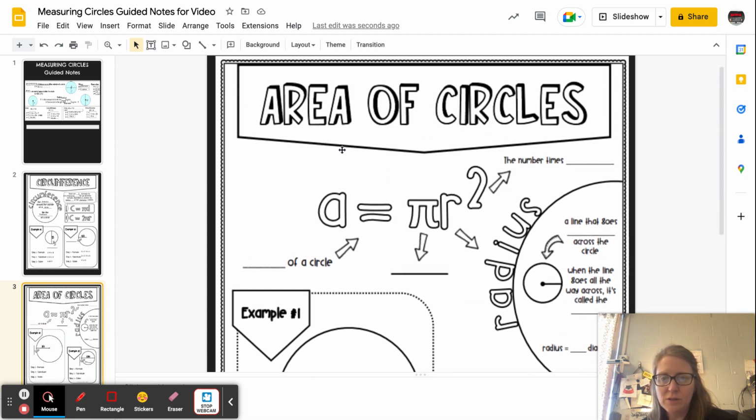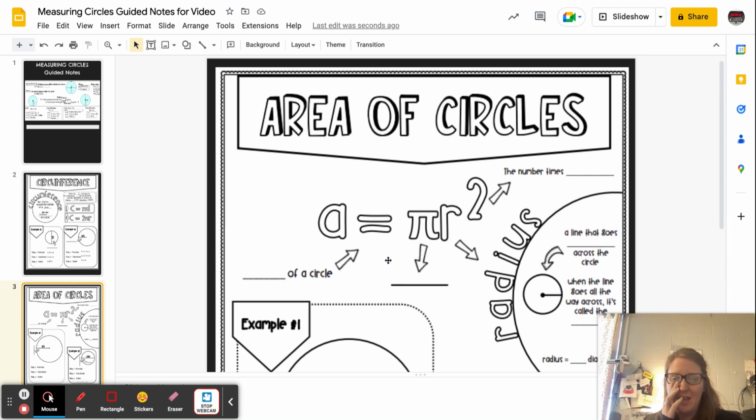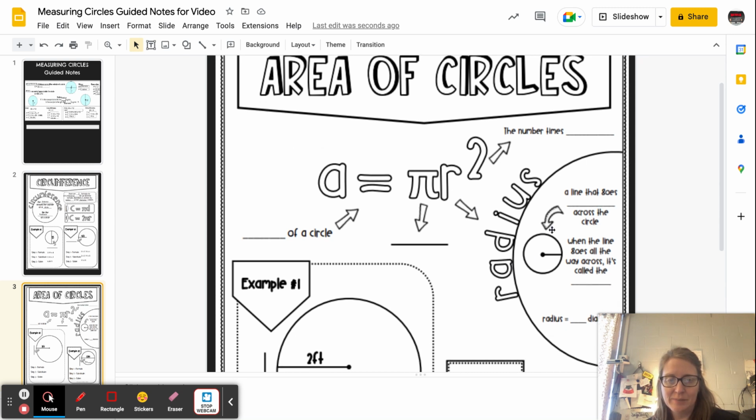And on area of circles, we have this formula. A equals pi r squared, okay? And so A is the area of the circle. Pi is like 3.14 approximately. R is the radius. And then this 2 is the number times itself.